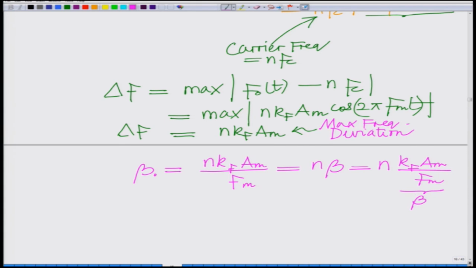So, basically what is happening using this frequency multiplication is that the input is a narrow band frequency modulated signal, and the output has the instantaneous frequency of this narrow band signal multiplied by n.